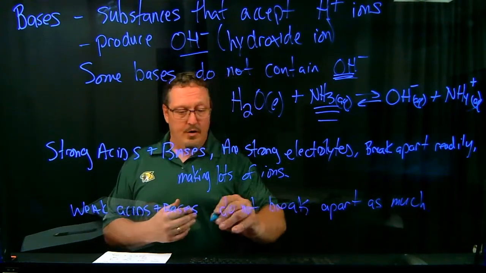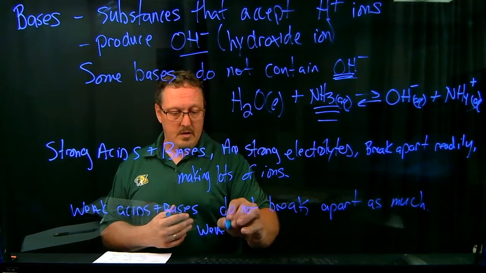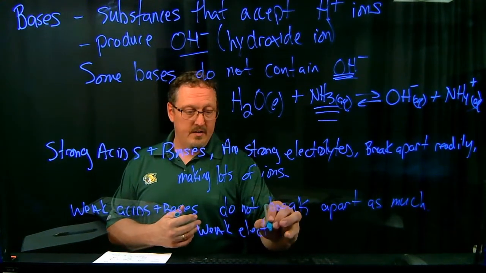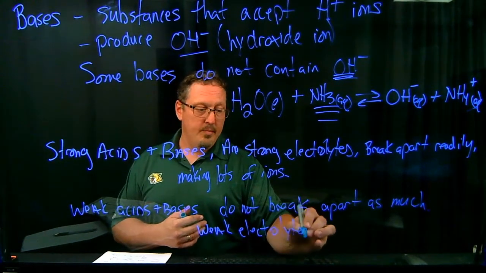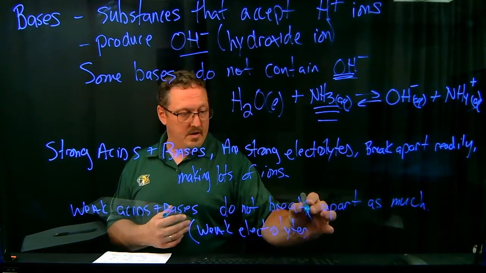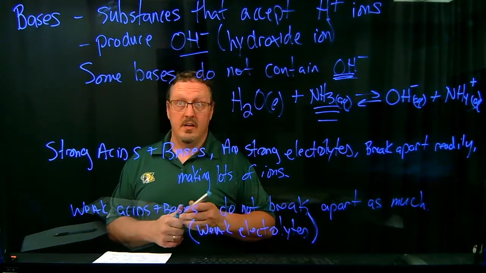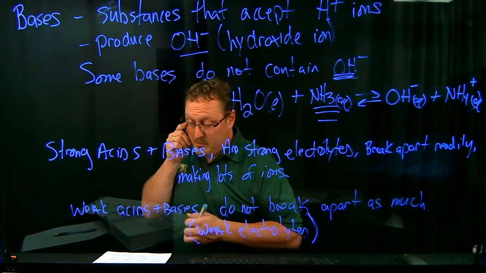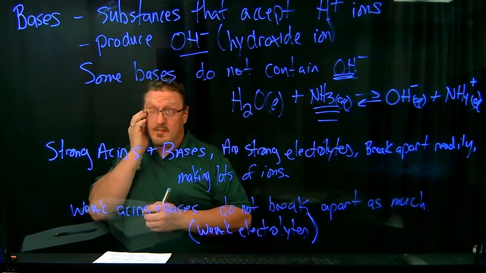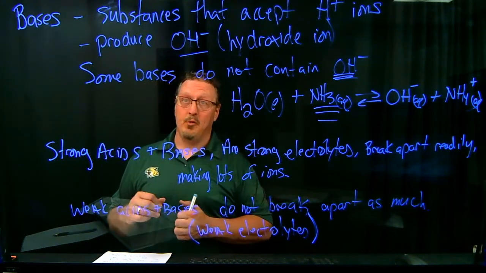They're also weak electrolytes because they don't break apart quite as much. And that pen is going to die on me here, I can see. So that's what weak acids and weak bases do, and that's how we pay attention to that. So there you go.